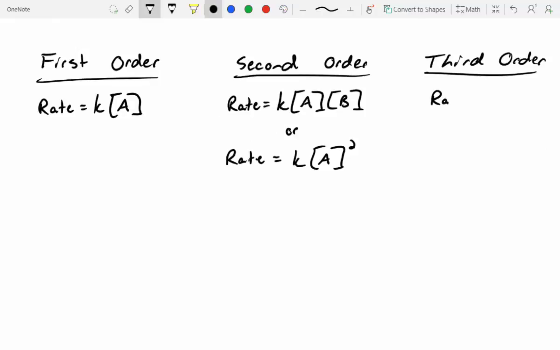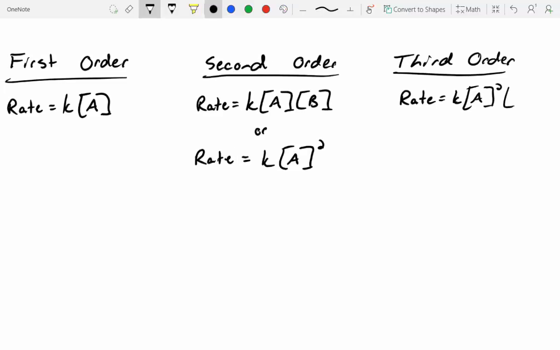And for the last one, we've got rate equals little k times A squared times B. What's another option for third order? A squared.